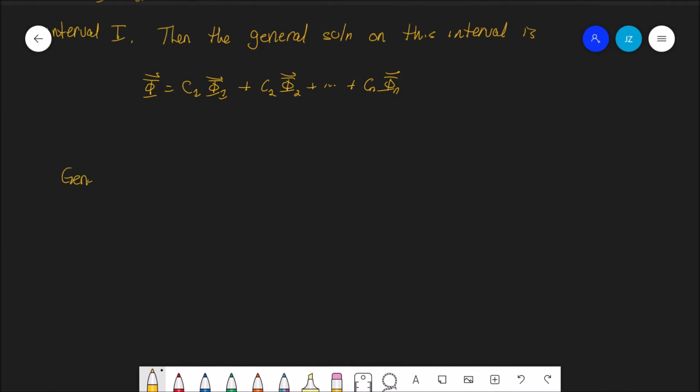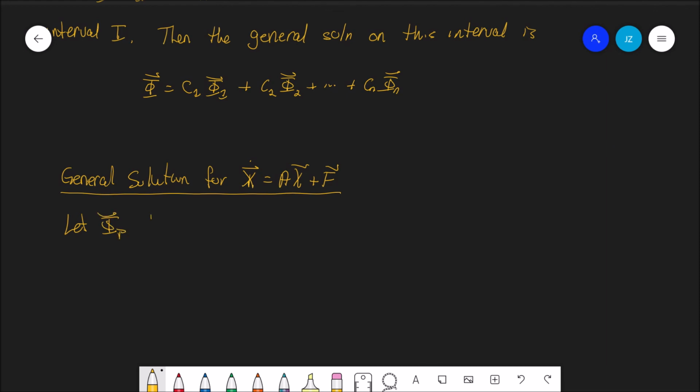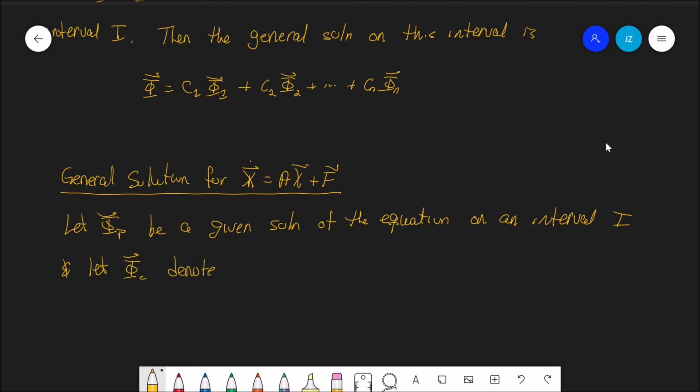If we now look at the general solution for the non-homogeneous system, we let phi p be a given solution of the equation on an interval I, and we let phi c denote the general solution of the corresponding homogeneous equation.